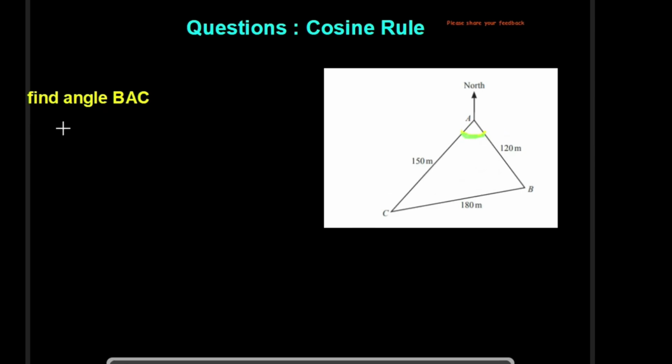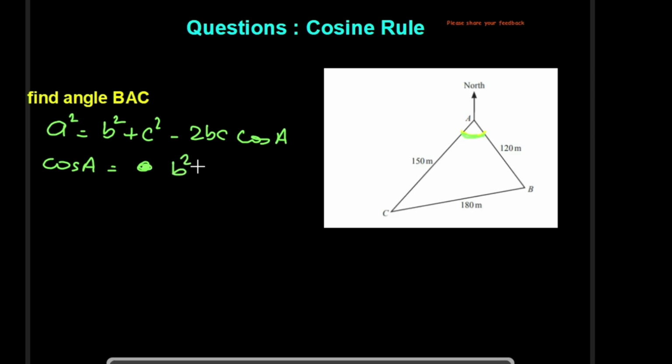If three sides are there, the formula is a square equals b square plus c square minus 2bc cos angle A. If I have to find cos A, I can rearrange this and write cos A equals b square plus c square minus a square upon 2bc.